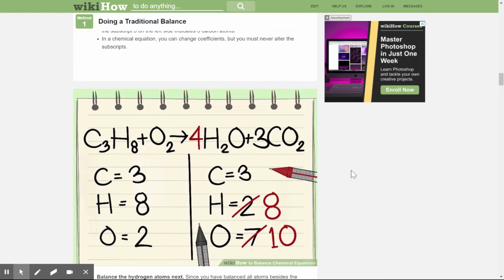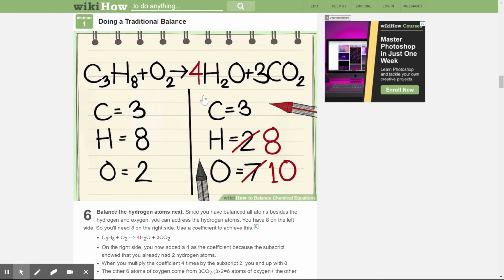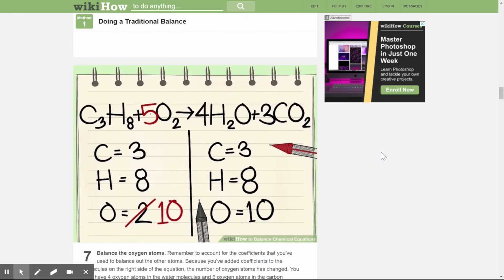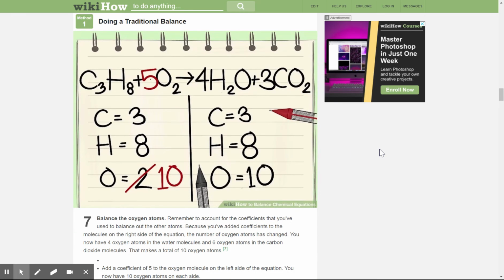And then you're going to have to readjust some other molecules as well, most likely, because it's going to adjust the oxygen here, which then is going to make these, where that was 2 oxygen and 2 oxygen here, not equal anymore. So you need to do the same thing on the other side to make up for that difference again. So it's a back and forth a little bit.